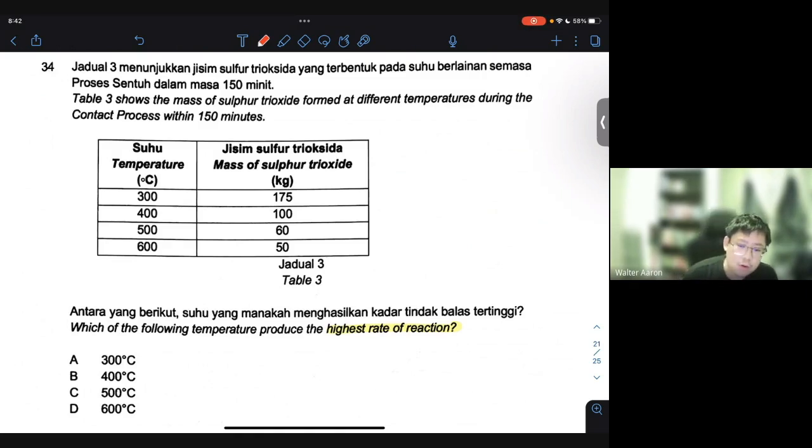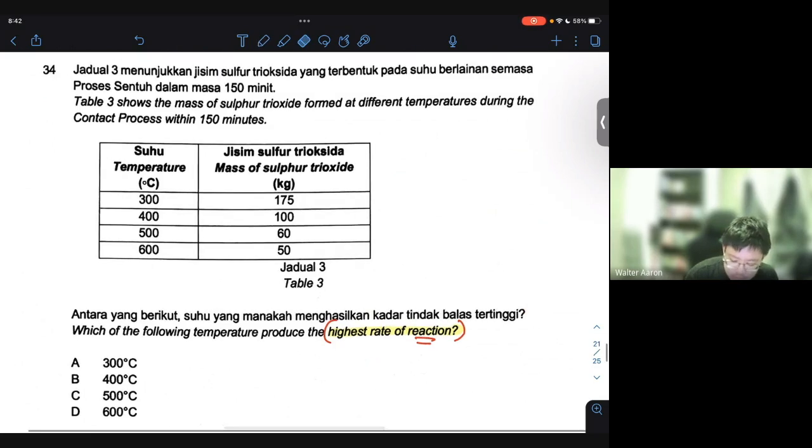No. The question says nothing about yield, it's asking about rate of reaction. The higher the temperature, the higher the rate of reaction. It's a tricky question actually.